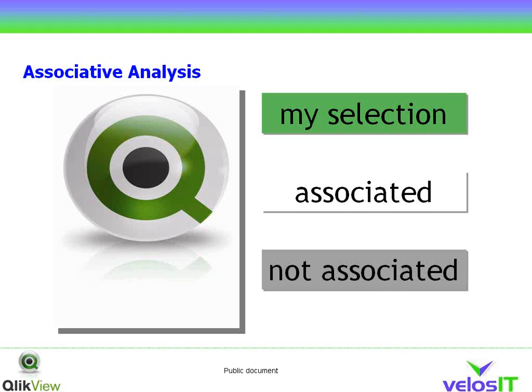Any data that is associated with that green selection will turn white, and any data that is not associated with it will turn grey. It still shows the grey data, which is quite important, and this is what QlikView refers to as their associative analysis. Showing the grey data can be really helpful in that, let's say, for example, you're reviewing product sales by salesmen.